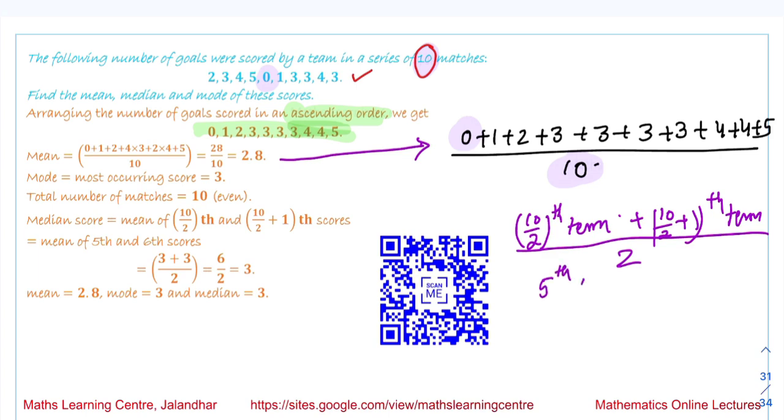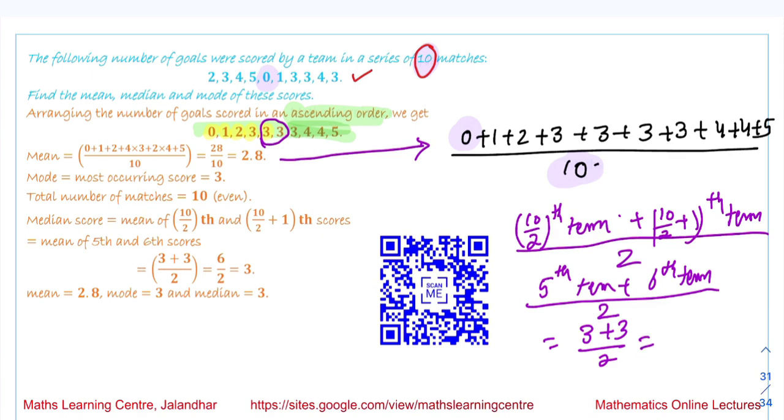So it is the 5th term plus the 6th term divided by 2. So it is 3 plus 3 by 2. If we look at the 5th term over here, it is 1, 2, 3, 4, 5. So both the 5th and 6th terms are 3.